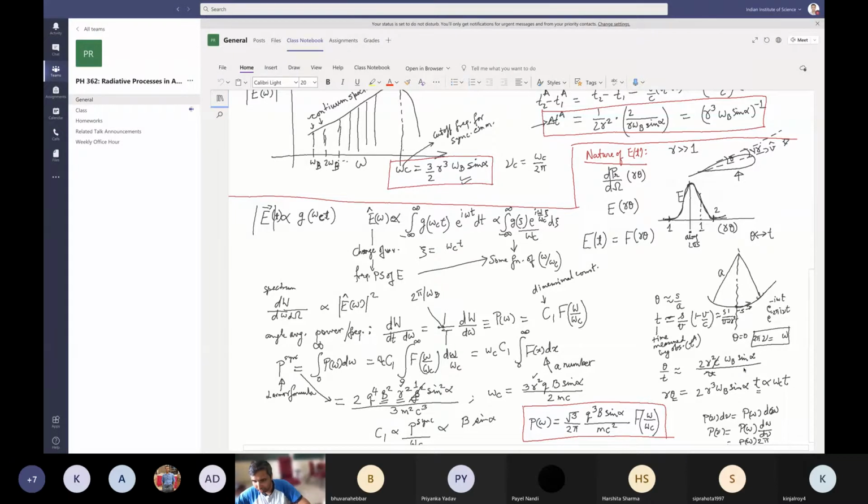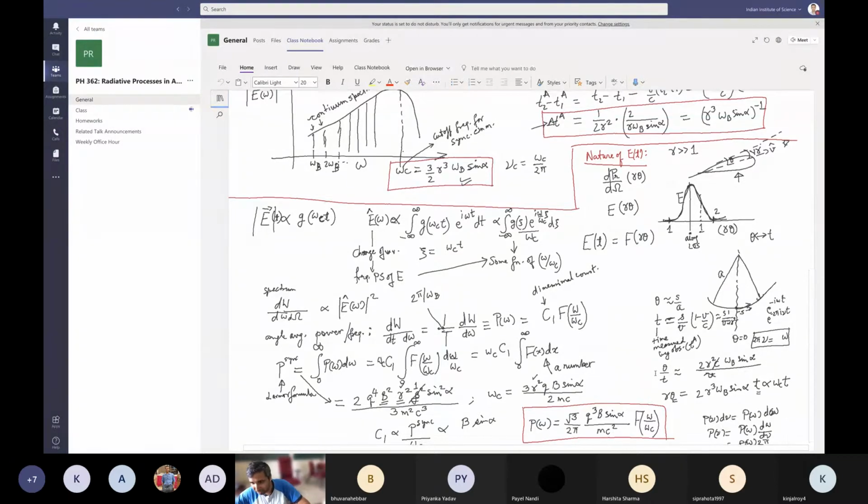And we said that gamma theta is what the electric field depends on. And gamma theta is nothing but gamma cubed omega b times t, which is omega c times t. So the time dependence of the electric field measured by the observer comes in the form omega c times t, right? And the angle dependence comes in the form gamma theta, right?